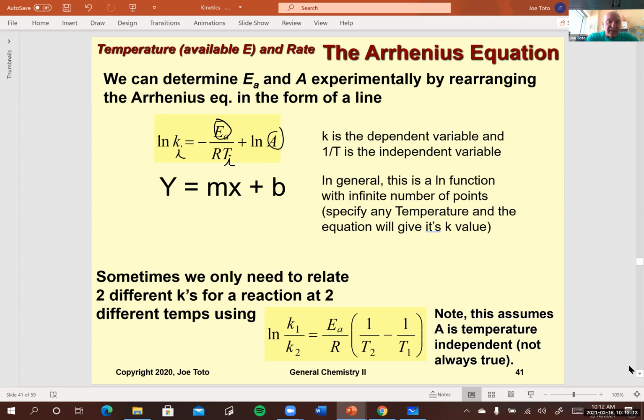Then that collapses. I take one from the other and I get what's called the Arrhenius two-point equation. And in our problem that we looked at, you saw the utility of that two-point equation: it gets rid of that pre-exponential factor.